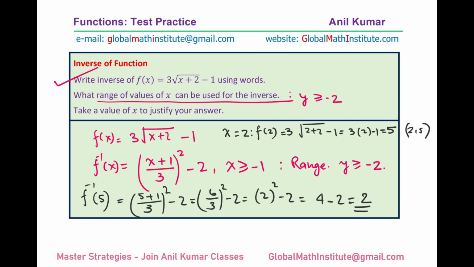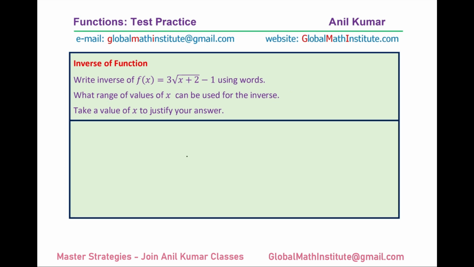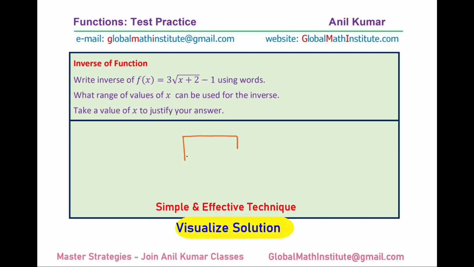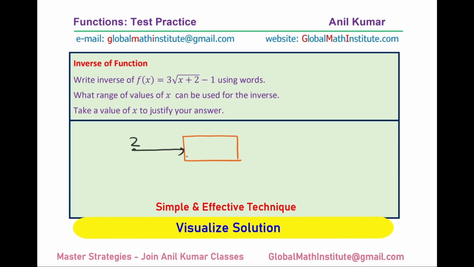So let me rewrite this. What we have shown just now is, with the help of an example, if I feed in 2 to our function f of x, then what we get here is 5, right?